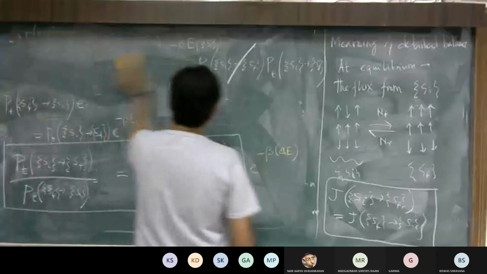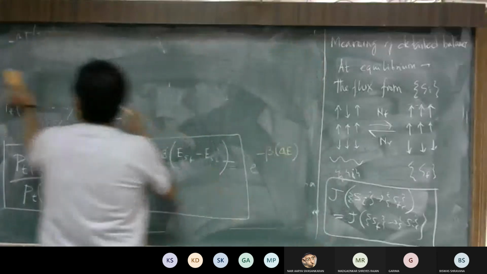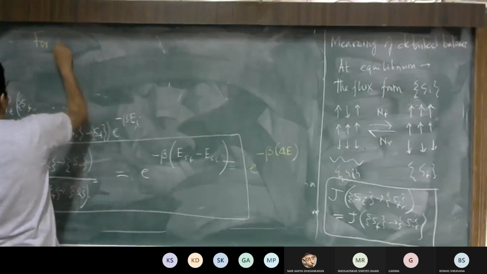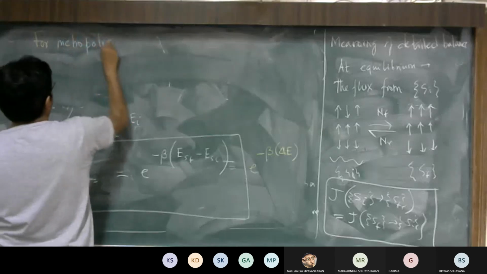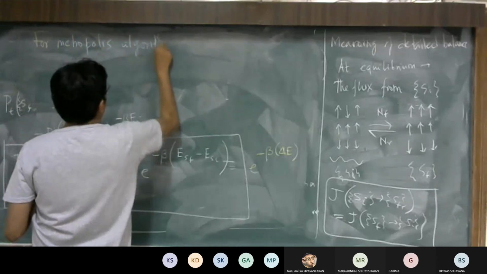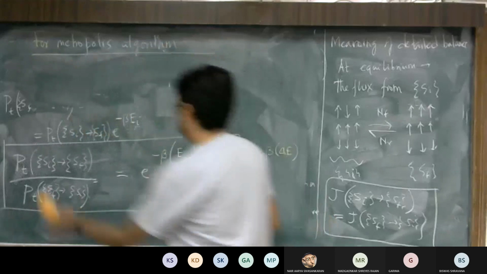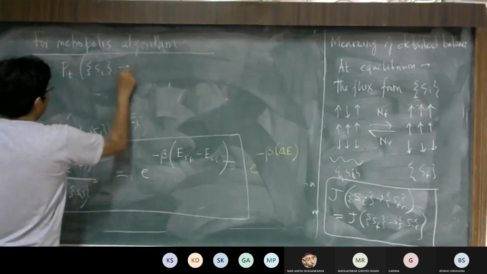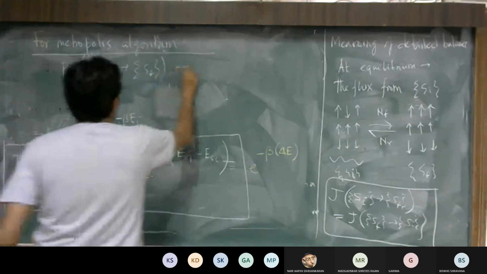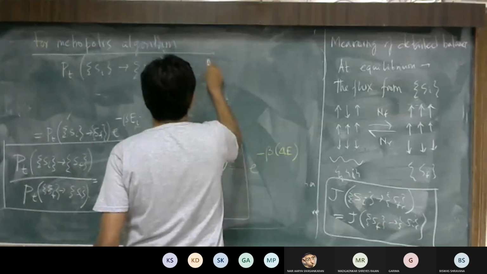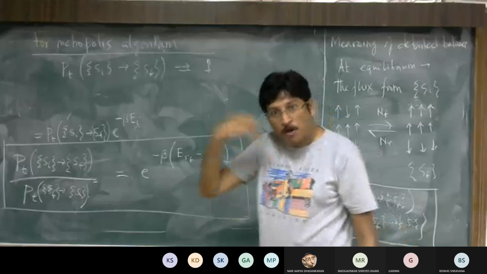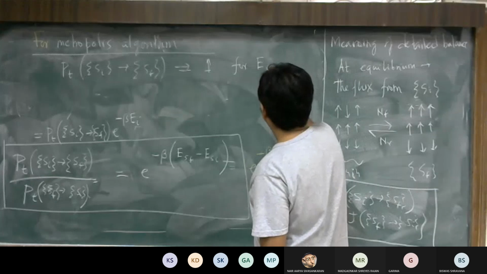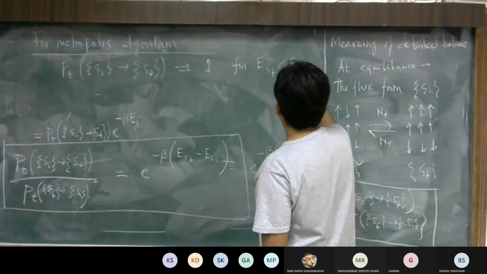What we are in fact choosing in the Metropolis algorithm of importance sampling is that your PT from SI to SF is exactly equal to 1, because you are accepting all those trial moves for ESF being less than ESI.